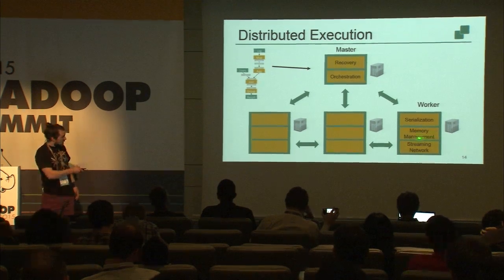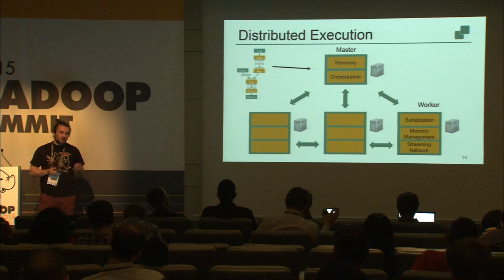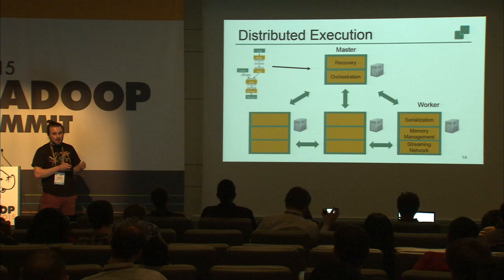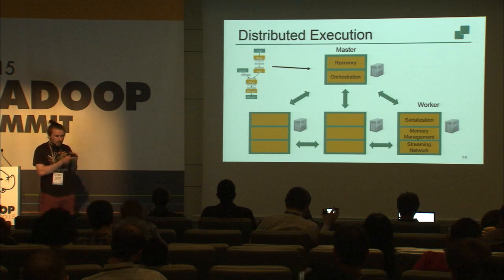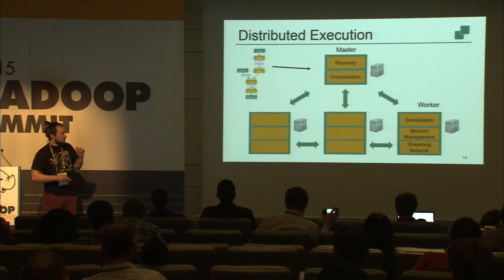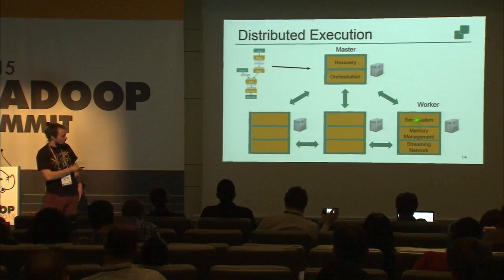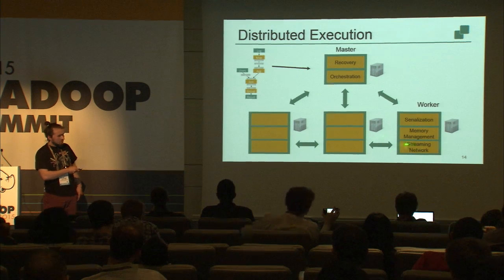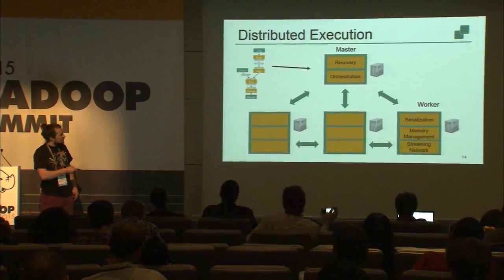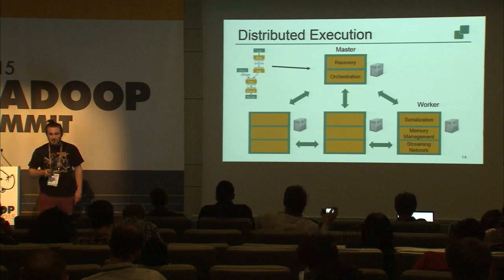Inside the workers, we are not actually using the Java heap, but we're using custom memory management, where we allocate huge byte arrays and then store all the information serialized. We can do this efficiently because we have these efficient generated serializers. And then, as I said, between these worker nodes, it's actually a streaming network data flow system.